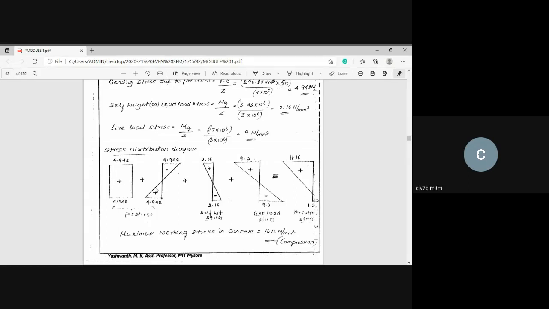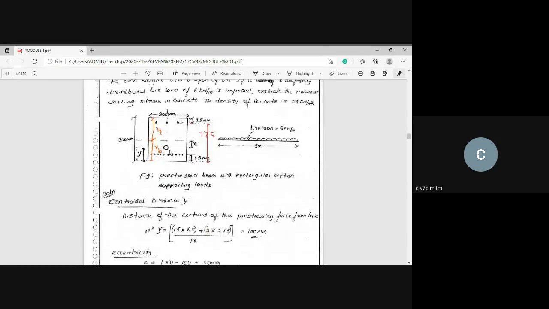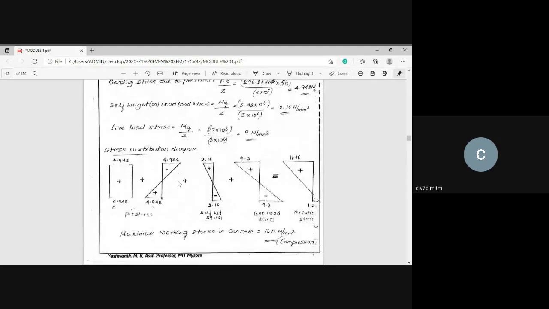Draw the linear line and mark it by positive and negative. Why is it positive at the bottom? Because the pre-stressing force is induced at the bottom, it will create a pre-compression. So this will be positive and this will be negative.